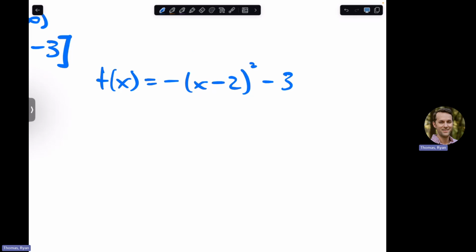There are parentheses. I can't really do anything inside them with x minus 2 because those aren't like terms. They don't combine. But then what? There's an exponent, the square. So what's (x minus 2) squared? x squared minus 4x plus 4, minus 3. Now we can distribute.